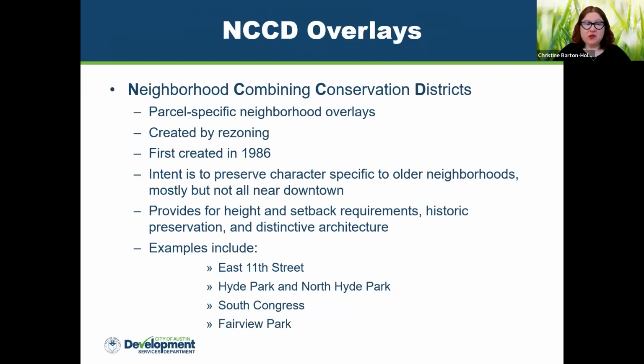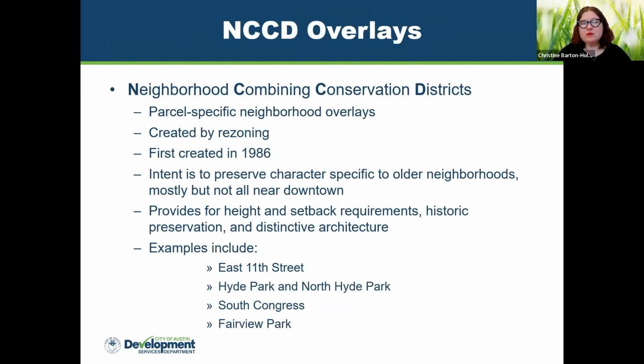So the NCCDs, these are very specific to certain neighborhoods. They are parcel specific. They are created by rezoning, and we think of them as sort of a predecessor to the TODs.